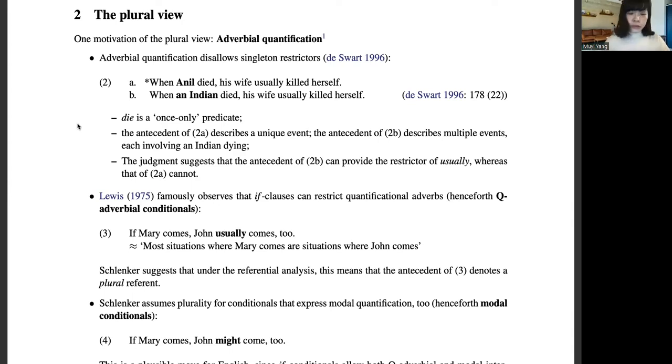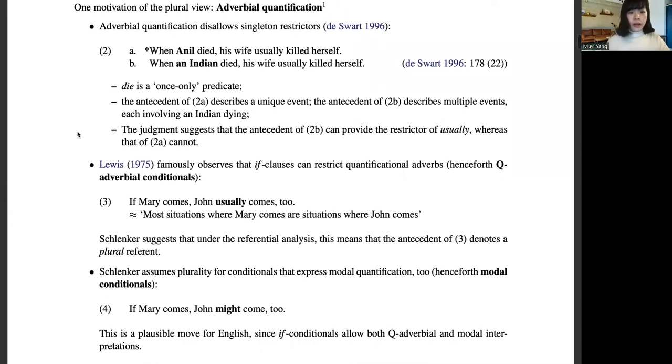Now, coming back to conditionals, I think many of you have heard of Lewis's argument about quantificational adverbs in conditionals. He famously observes that if-clauses can restrict quantificational adverbs, and I will call this kind of conditionals Q-adverbial conditionals in the following. For a sentence like number 3, if Mary comes, John usually comes too, we have the quantificational adverb usually in the consequent, and the sentence is roughly interpreted as: most situations or most cases where Mary comes are situations where John comes.